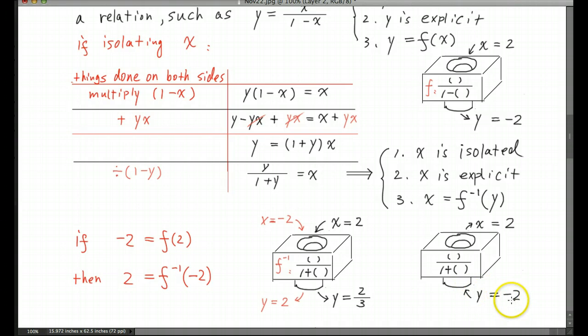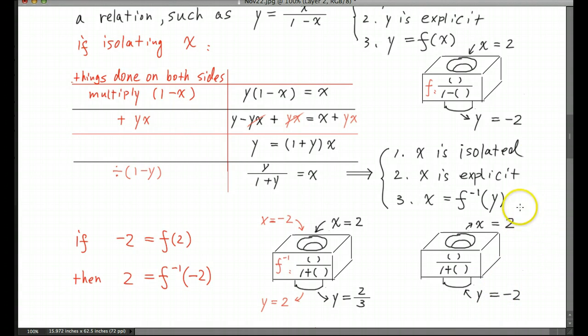We push the negative 2 in from the output, and if you do the calculation, you actually get the 2 out, which works the same way as the original one. It just reverses the order.